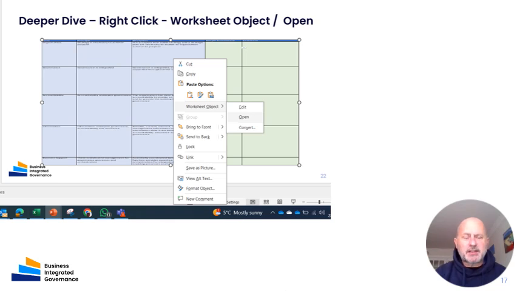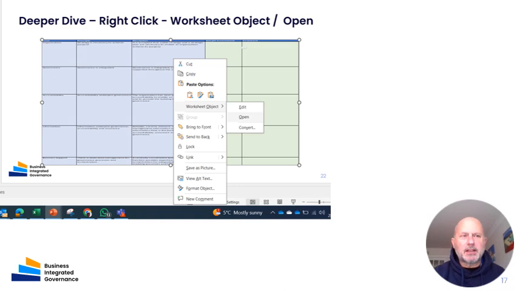Now this is given to a group, so I think you'll only be able to edit it one at a time. So one of your group will need to be the editor, maybe your facilitator does this, but you'll all be able to open it and have a look at it at another time.